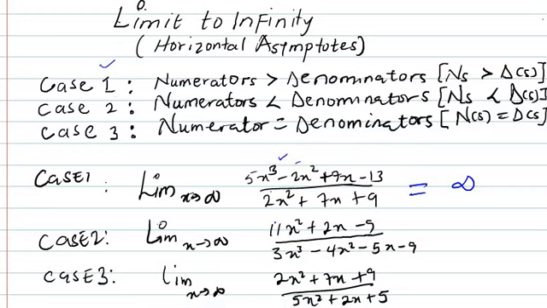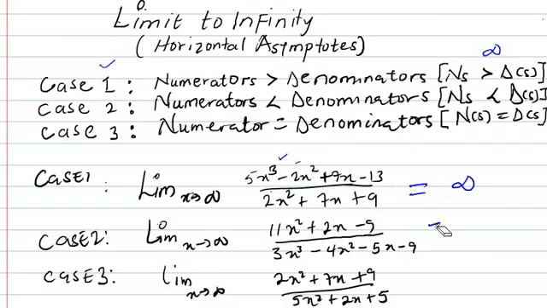Likewise for case 1, because the highest degree of the numerator grows faster than the denominator: here we have 3 as the highest power, in the denominator we have 2, so the numerator is greater. So if the numerator is greater than the denominator, we have infinity. That's why I wrote infinity.